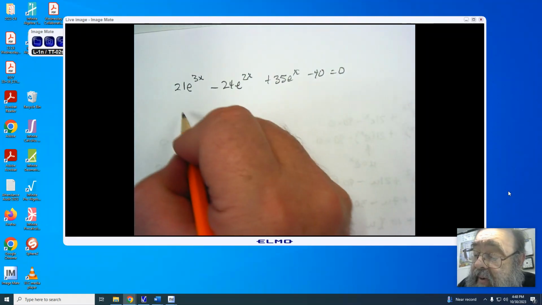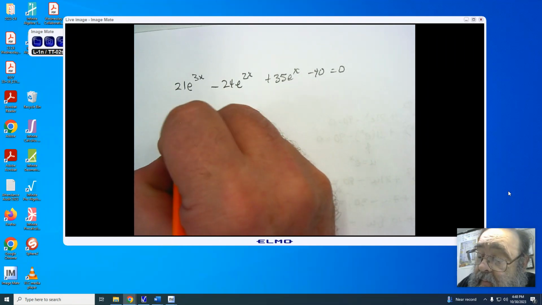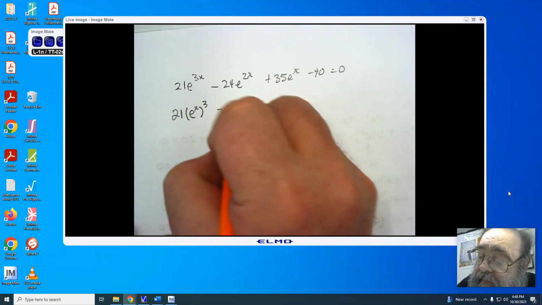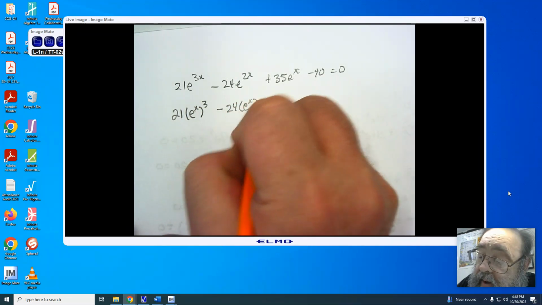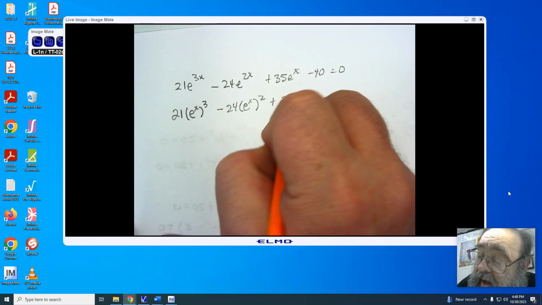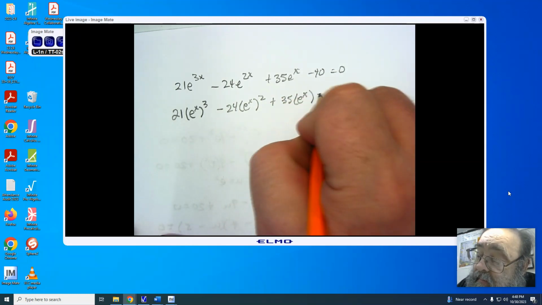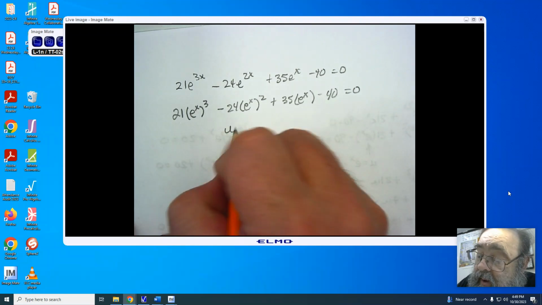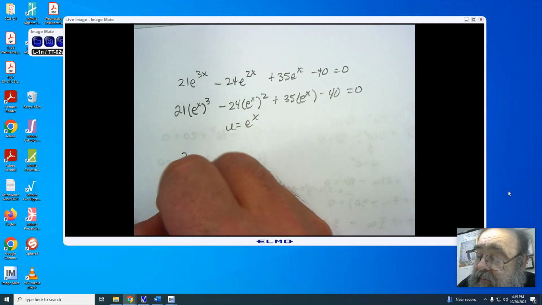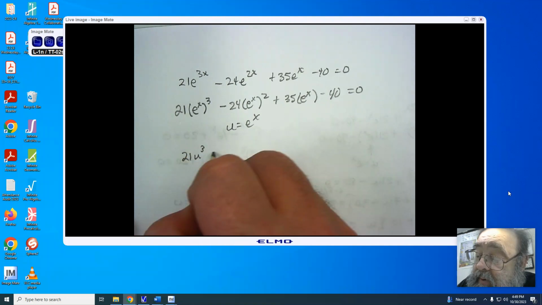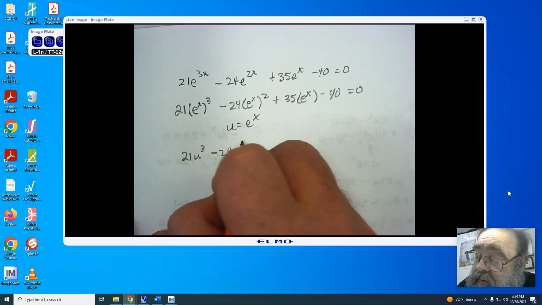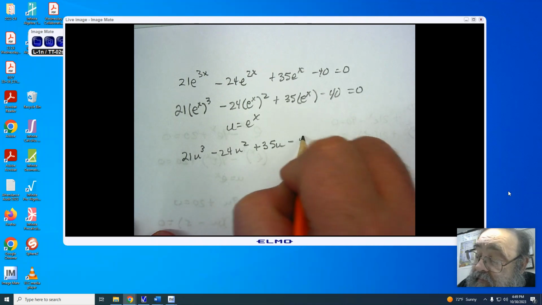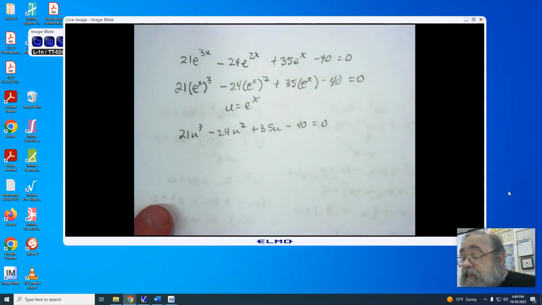So I'm going to start off by writing 21(e^x)³ − 24(e^x)² + 35e^x − 40 = 0. Let u = e^x so that I have 21u³ − 24u² + 35u − 40 = 0.